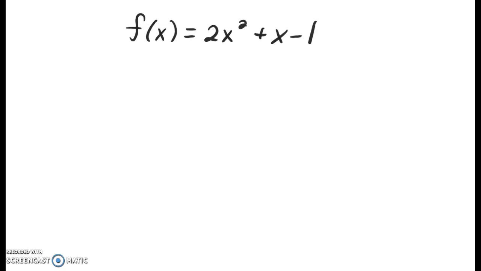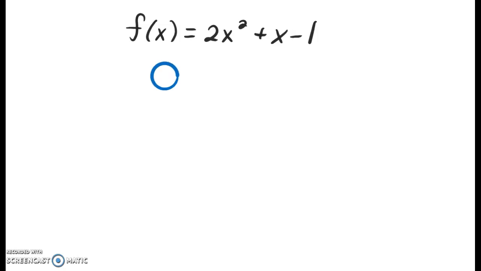So if you had a function that looked like this, and you wanted to find the x-intercepts, what you would do is plug in 0 for y or f of x.